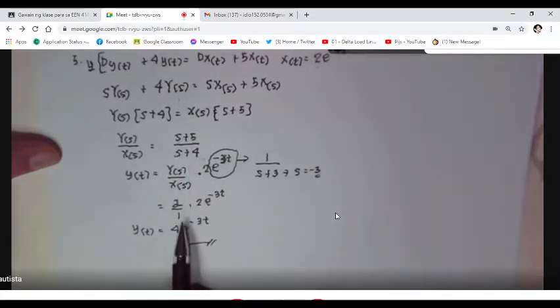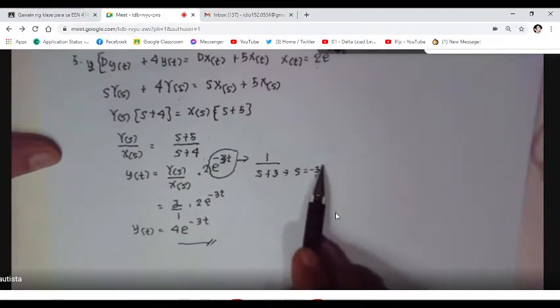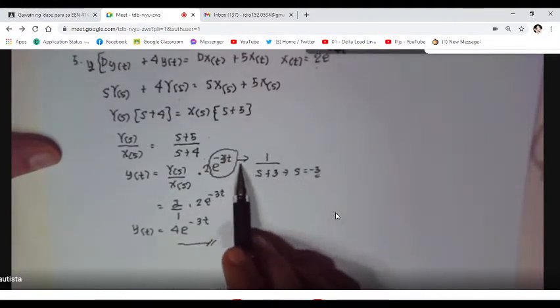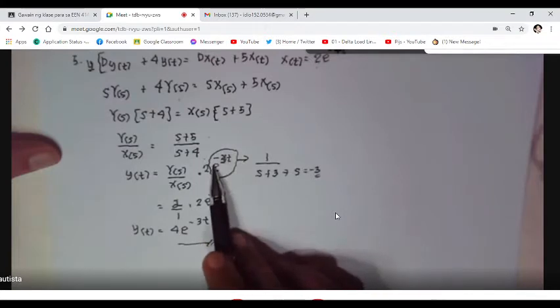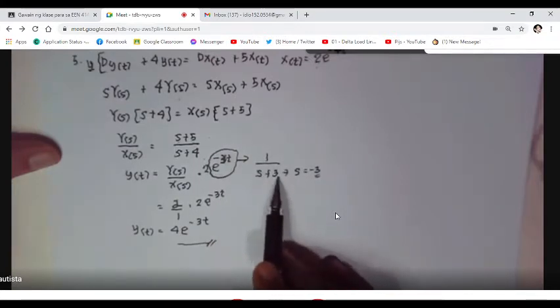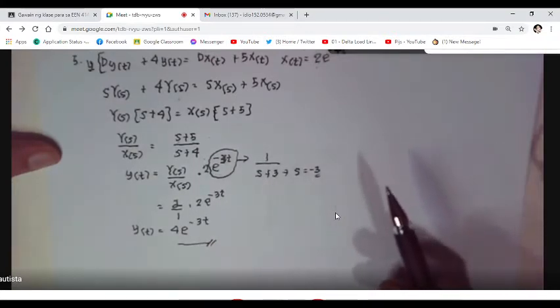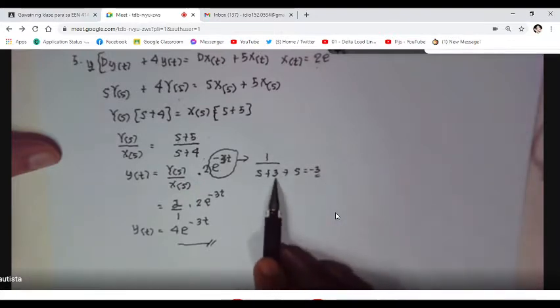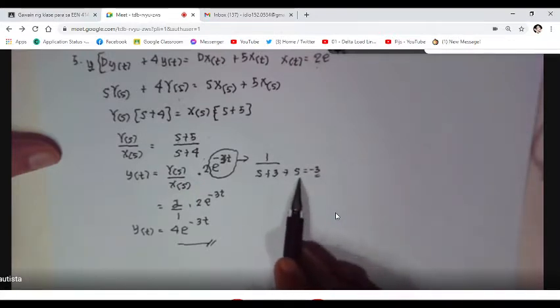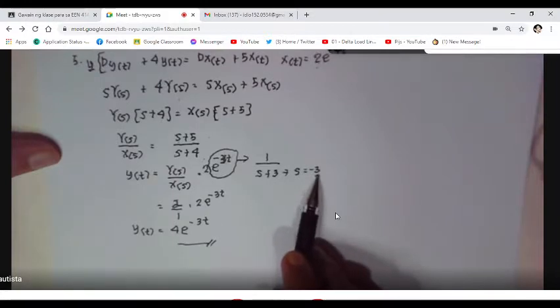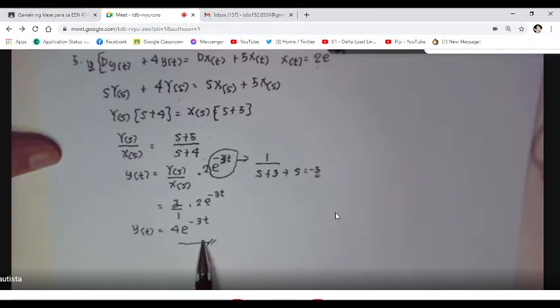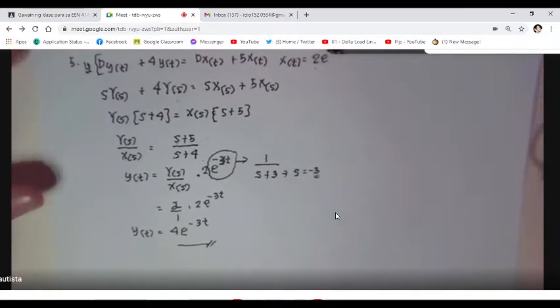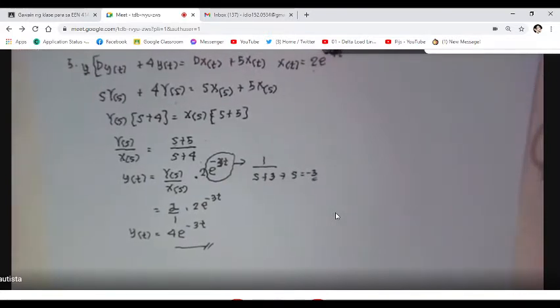Negative 3 plus 4, you have 1. Okay? So, doon galing yan. So, kukunin mo yung Laplace nito. Ano ba Laplace nito? 1 over s plus 3. Okay? Tapos, s is equal to negative 3. Ayan. So, ito yun. Okay? So, that's number 5.